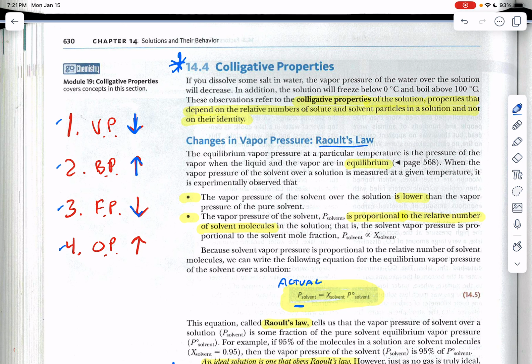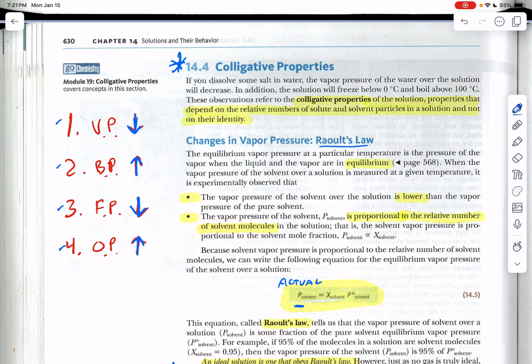It makes the freezing point go down. We say it's depressed. And it can make the osmotic pressure increase or go up. So you're either elevating or depressing the values from what they would have been if you had a pure solvent with no solute added to it.